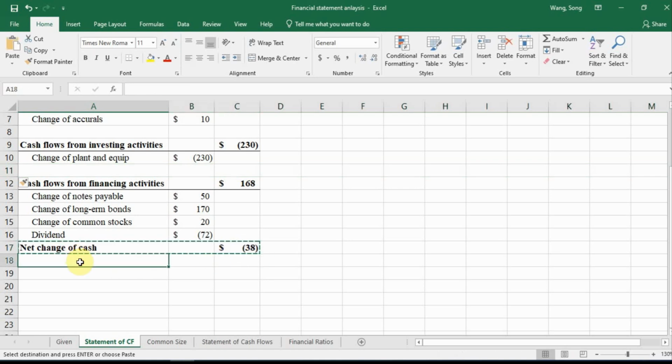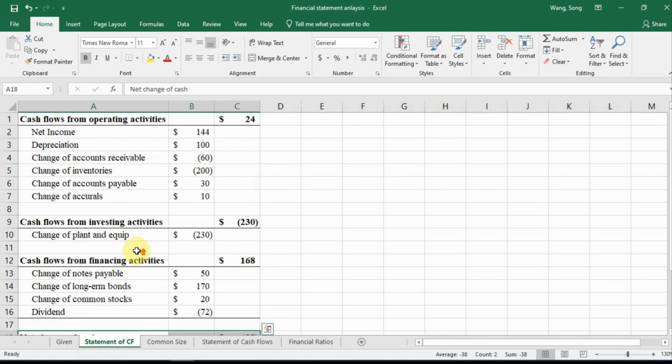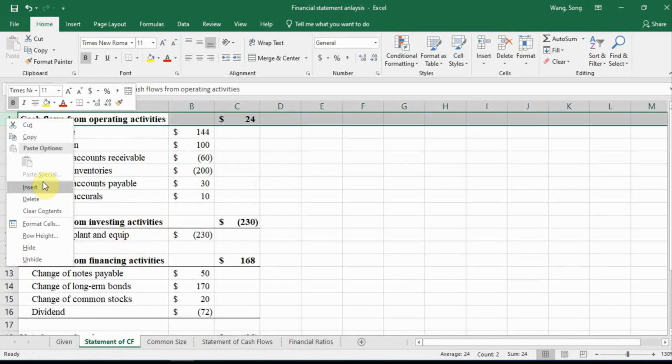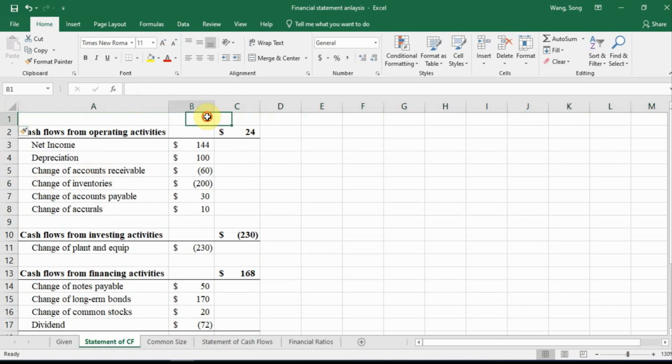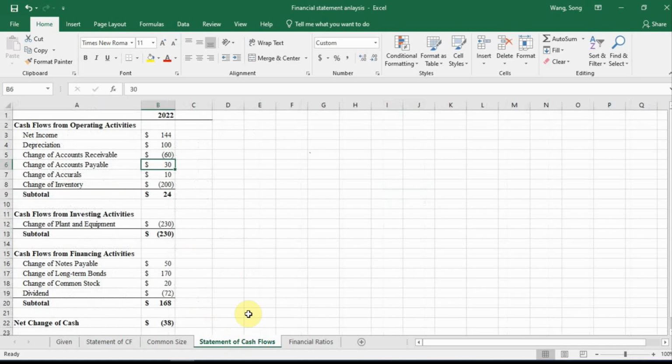But it really does not matter that much. I can insert another row here, and I'm saying this is year 2022. Now they look much the same.